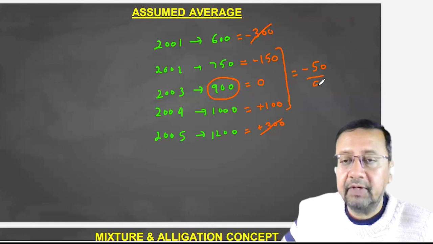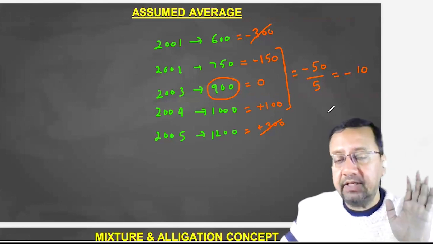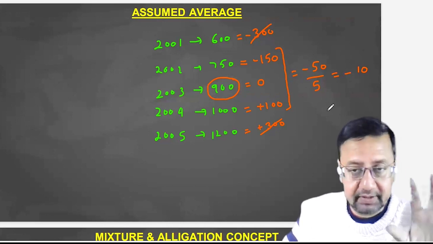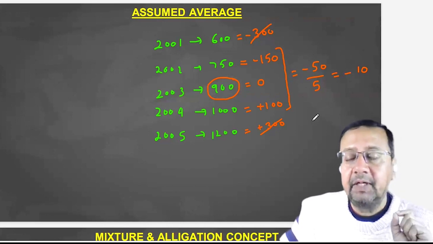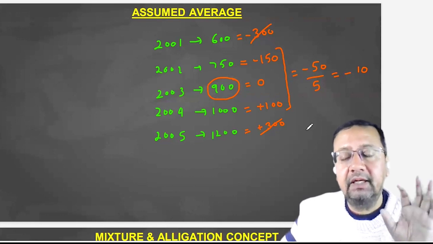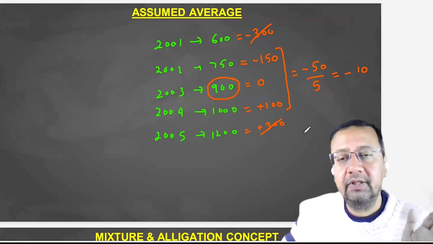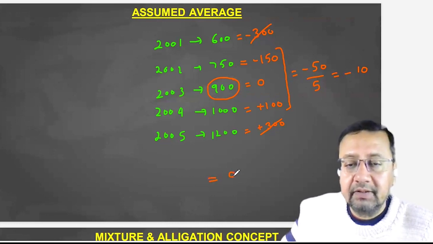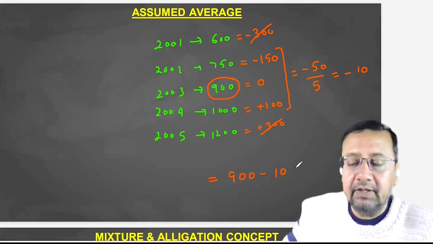So divide this by 5, and this comes out to be minus 10. You have assumed 900 as the average for this group, but now you need to do a little correction. How much is the correction? Minus 10. So what is your final answer? 900 minus 10, and your final average comes out to be 890.